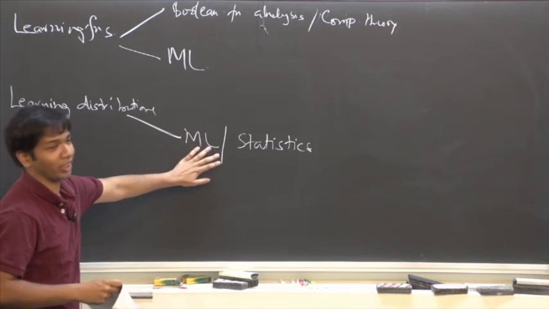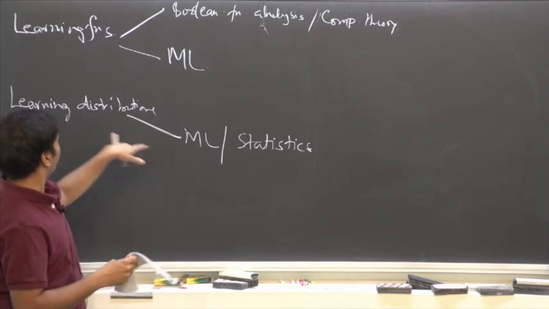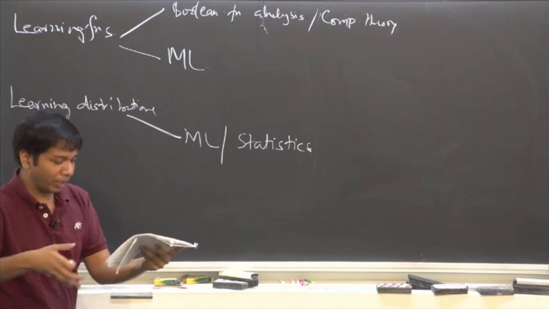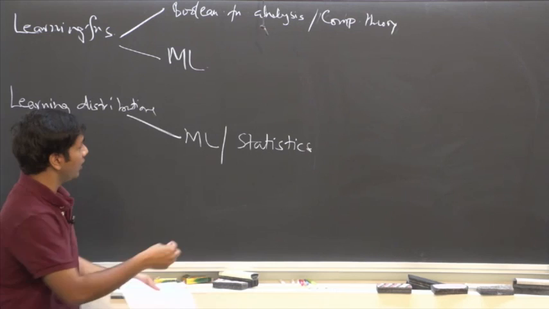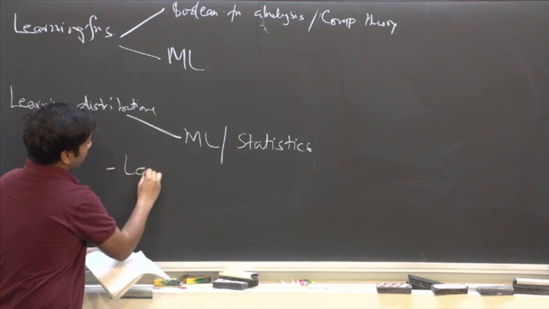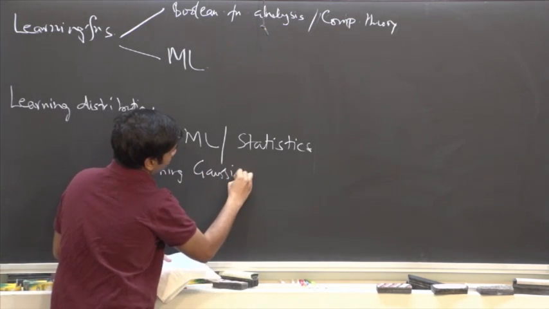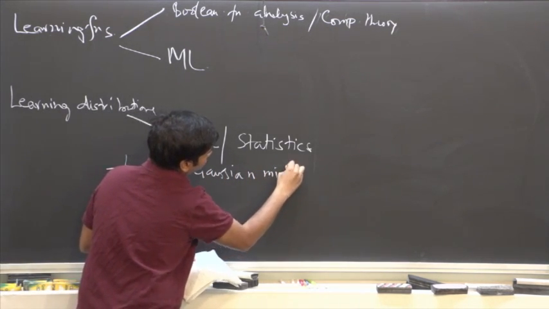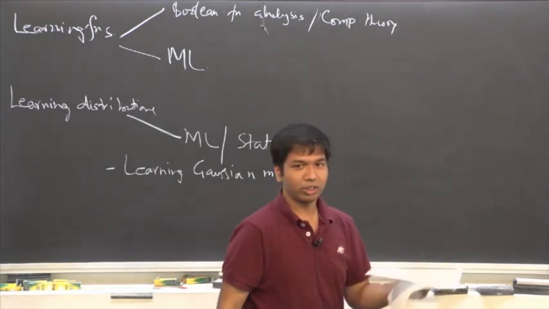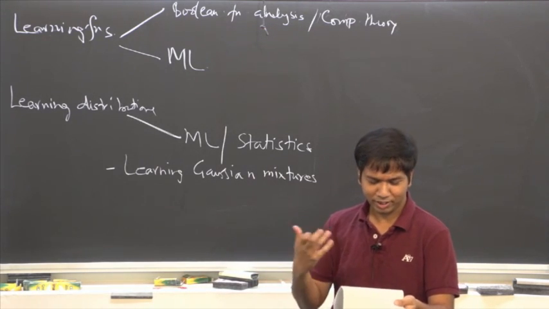I'll just give a flavor of the kind of work that has been done on learning distributions in this community, with its intersection with computer science. Of course, there's tons of work here, so I can't really discuss all of that. In TCS, there's been a lot of work, say on learning Gaussian mixtures, by Dasgupta, Arora, Kannan, Vempala, Moitra, Valiant, Belkin, Sinha.